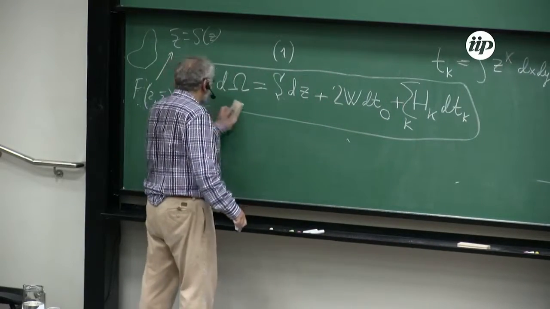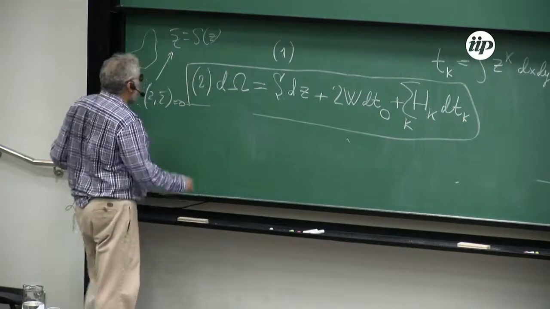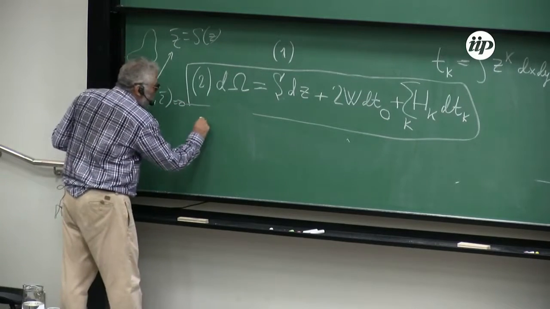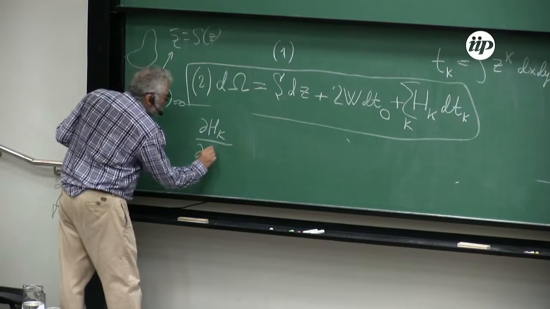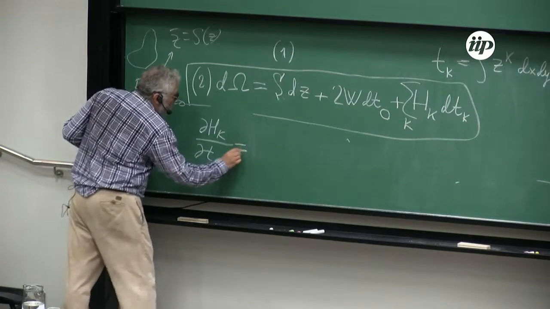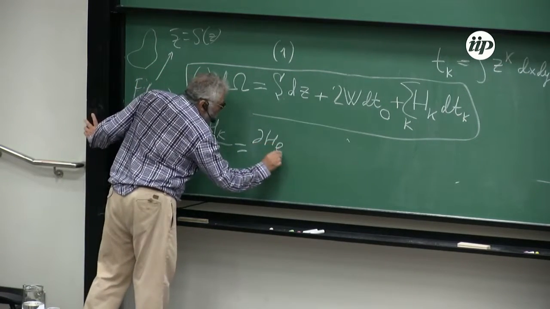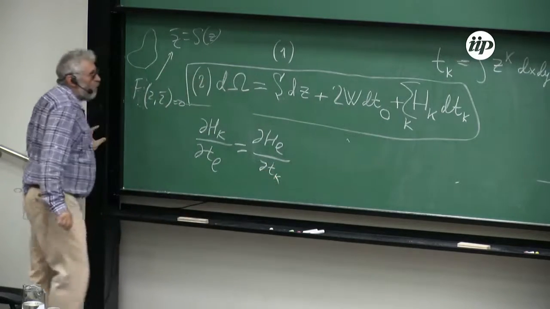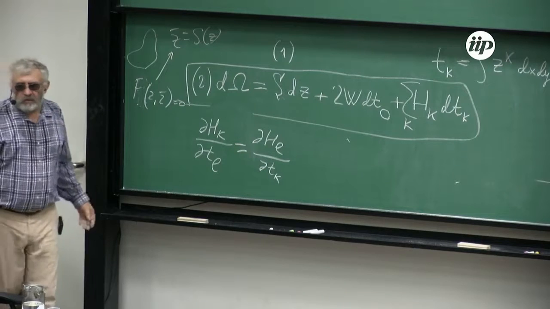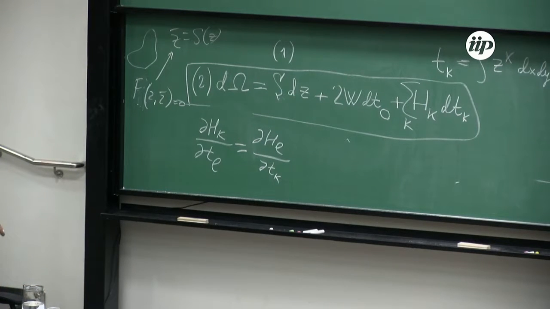But because of compatibility, dHk over dTl equals dHl over dTk, just because for an exact form the second differential is 0.